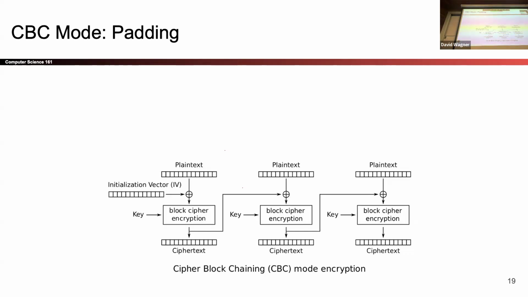Which is instead what I could do is I could pad with some bytes. Let's assume the plain text is a multiple of 8 bits long. If I need to add one garbage byte, I add the value 0, 1. If I need to pad with 2 garbage bytes, I add a byte containing the number 2 and then another byte containing the number 2.